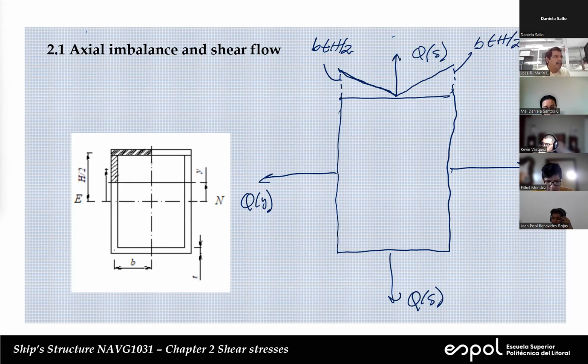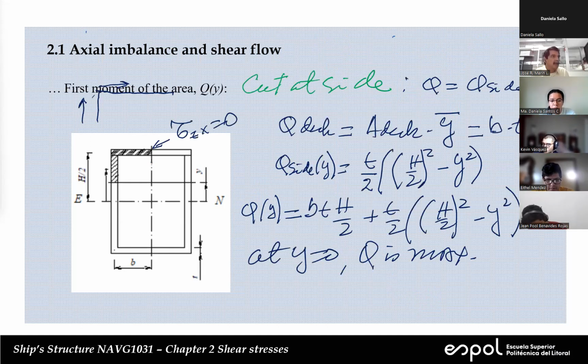And now, if we plot on this side, okay, on this point, this is going to be H over 2, that's going to be 0, and we're going to have Y. Then, when we go down, Y is going to decrease. If this decreases, we have a negative sign, then Q is going to increase.